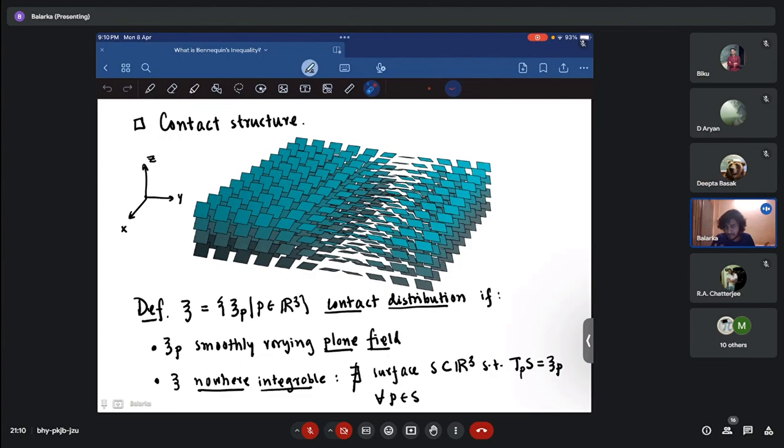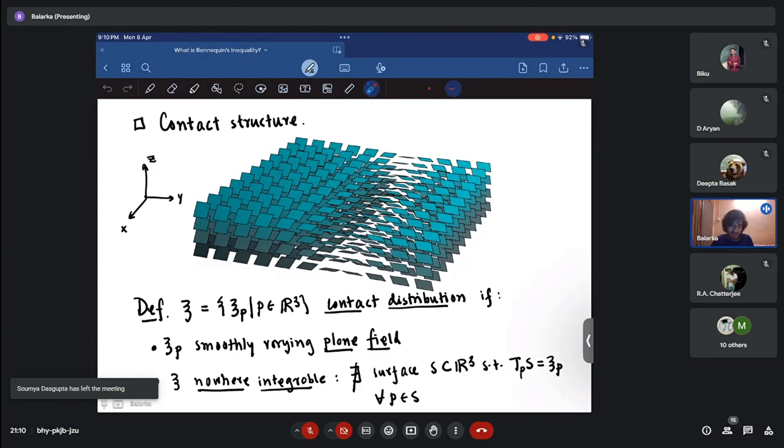But if you have a vector field, you have a vector at each point on your manifold, or let's say Euclidean space, if that's what you're familiar with. What I've drawn is a plane field. Instead of having a vector at each point, you have an infinitesimal tiny plane at each point, a tangent plane, if you will. And these are the planes. A contact distribution is a particular kind of plane field which has the property that it twists too much.